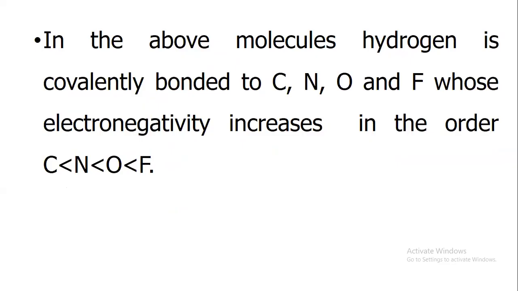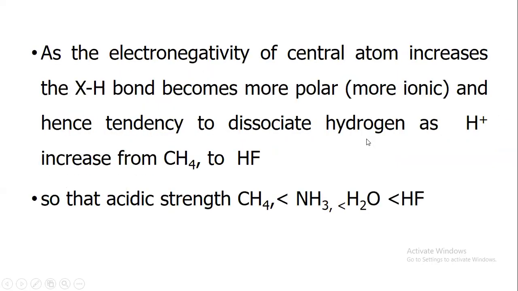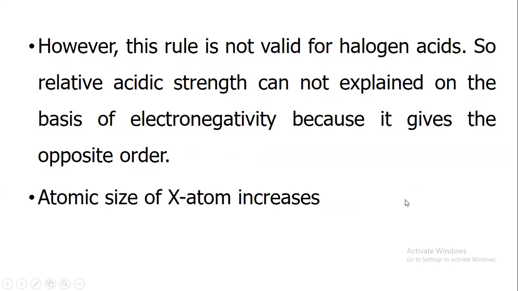Hydrogen is covalently bonded to carbon, nitrogen, oxygen, and fluorine, whose electronegativity increases in that order. As the electronegativity of the central atom increases, the X-H bond becomes more polar, more ionic, and hence the tendency to dissociate hydrogen as H+ increases from methane to hydrogen fluoride, so that acidic strength increases in that order.